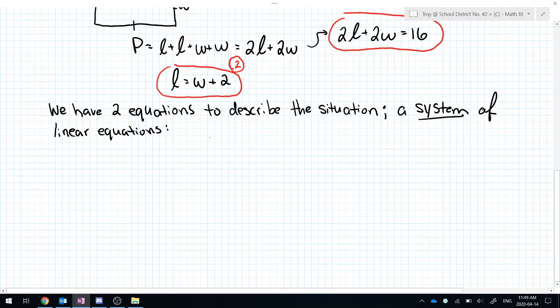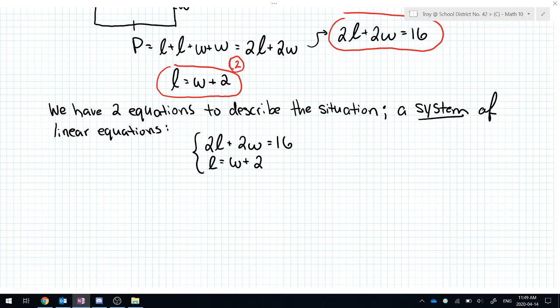Right? So our system is 2L plus 2W equals 16, and also L equals W plus 2. Okay. Sometimes you'll see systems written like this with a little curly bracket on the side. That's fine. Okay, so that's our system.